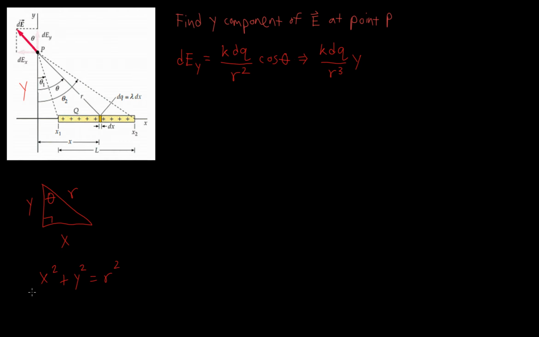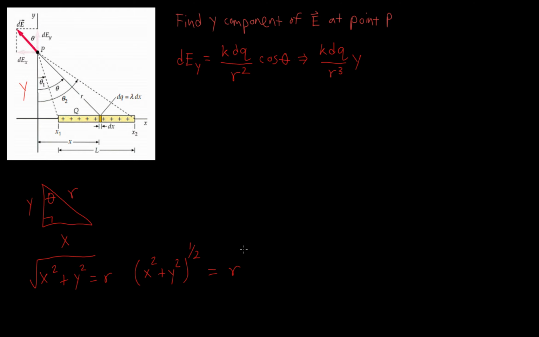And if we take the square root of both sides, we get that r is equal to the square root of x squared plus y squared. But we want r cubed. So one way to rewrite this expression right here is just to say that x squared plus y squared is raised to the 1/2 power, because raising this to the 1/2 power is the same as square rooting this entire expression, and that's equal to r.